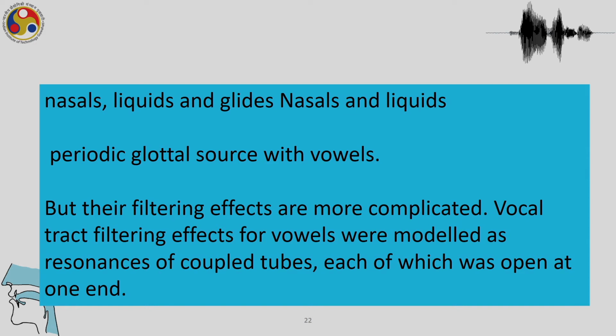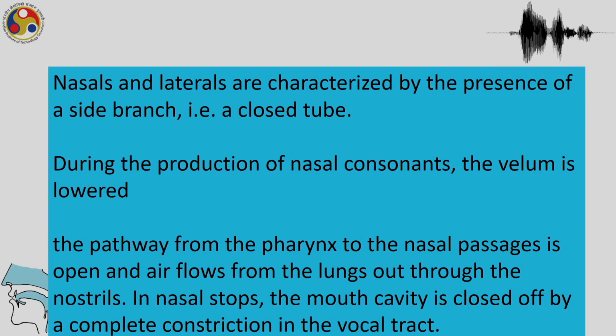Nasals, liquids, and glides have a periodic glottal source like vowels, but their filtering effects are more complicated. Vocal tract filtering effects for vowels are modeled as resonances of coupled tubes, each of which was open at the end, but it's modeled slightly differently for these consonants. It's modeled as closed at one end, so it's a closed tube.